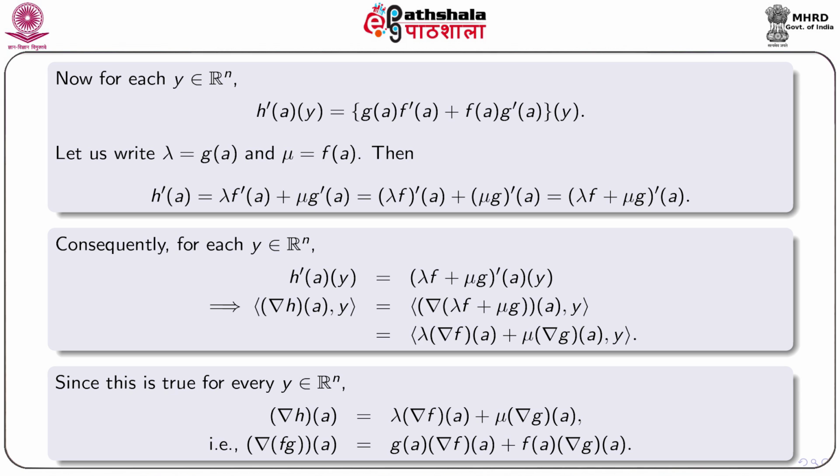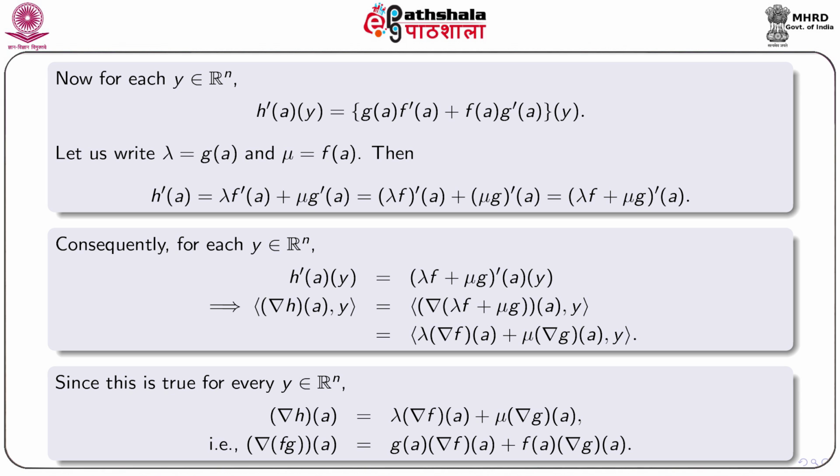Now, for each y in Rn, H'(a) operated on y should be equal to G(a) F'(a) plus F(a) G'(a) operated on y. To make our notations simpler, let us write lambda equal to G(a) and mu equal to F(a).